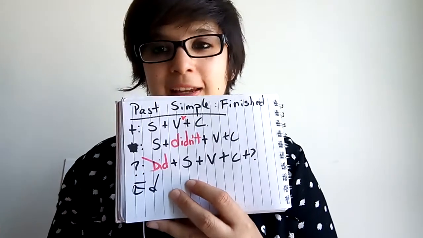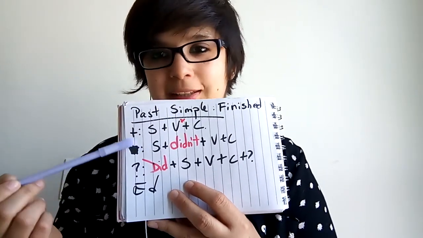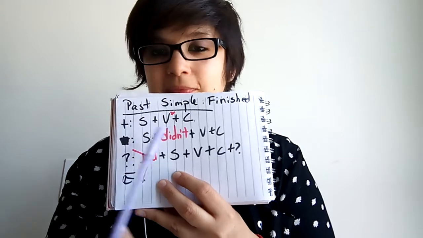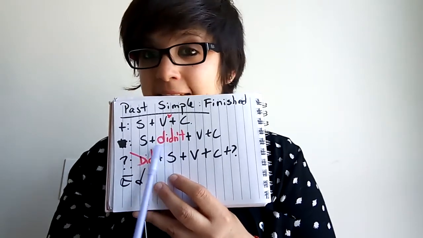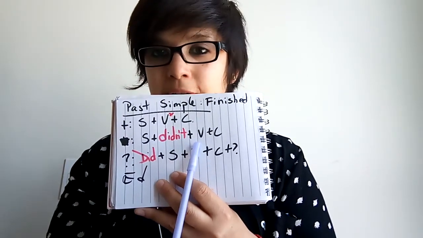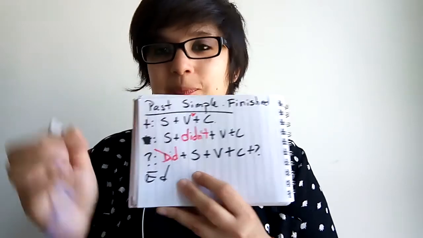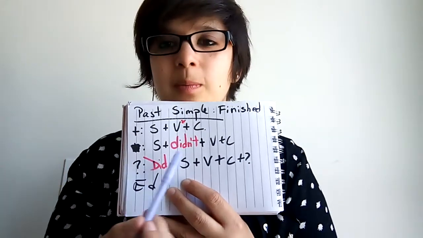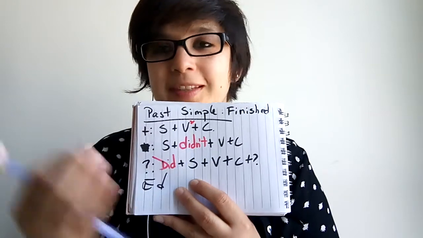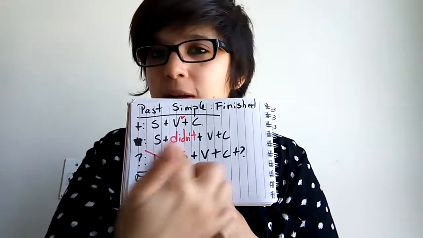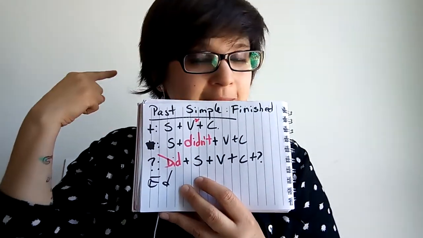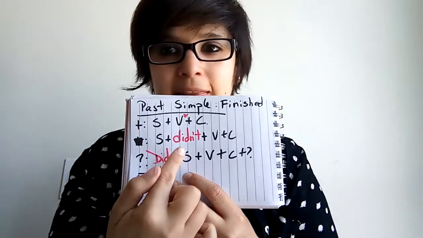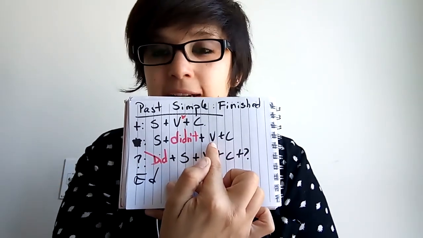In the case of the negative one, we need the subject, the auxiliary didn't, the verb, and the complement. And we have to stop here because this red word tells us that the whole sentence is in the past. Therefore, the verb that goes in here is in present.